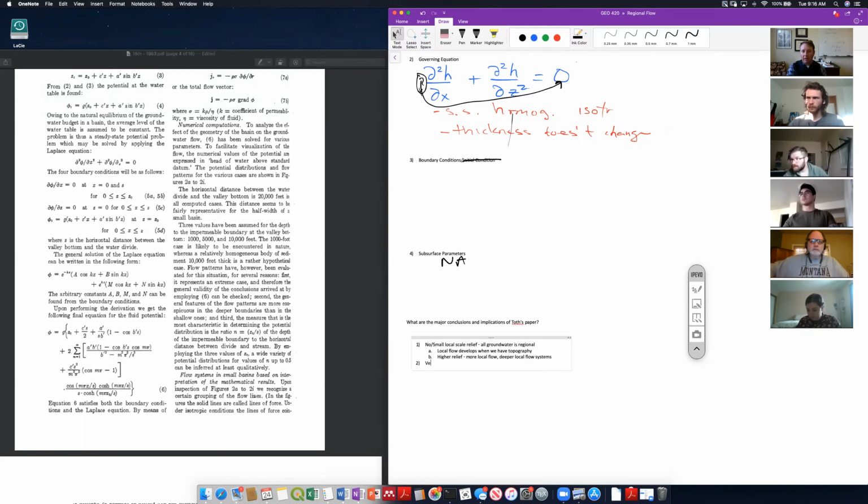All right, the fluid velocity, so the groundwater discharge, is greater in local flow than regional. And the majority of groundwater discharge will be from local flow paths.